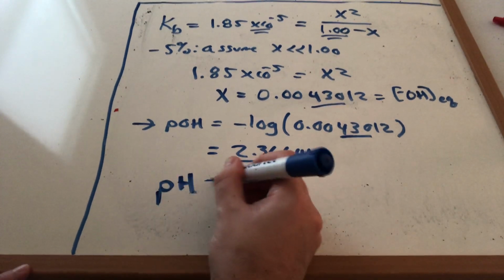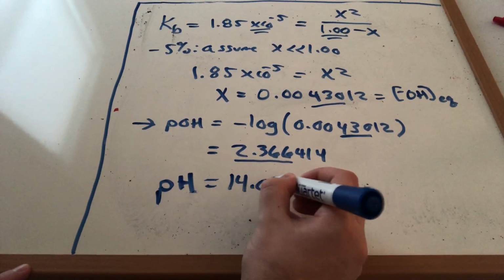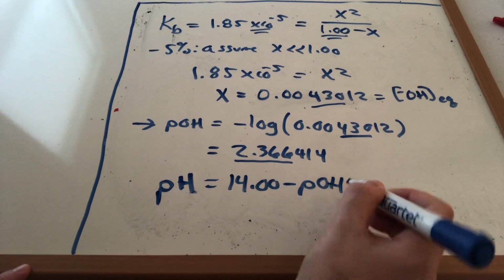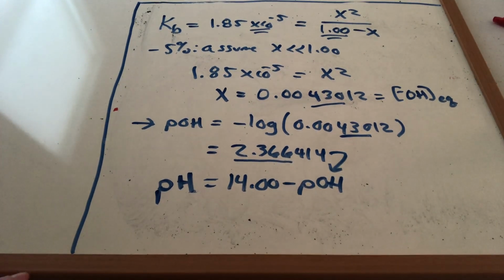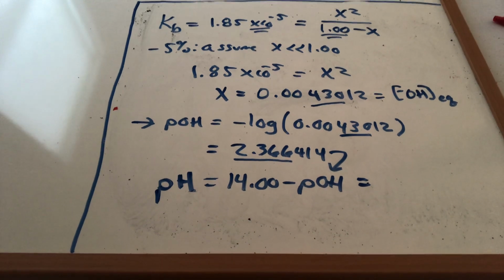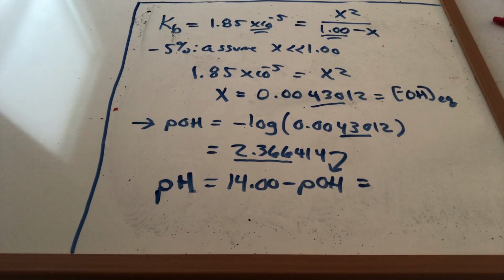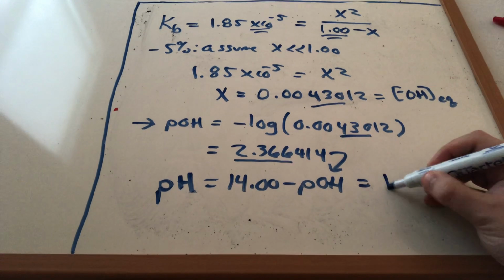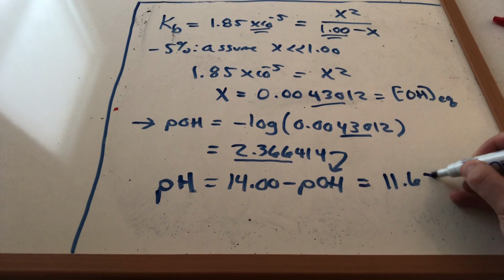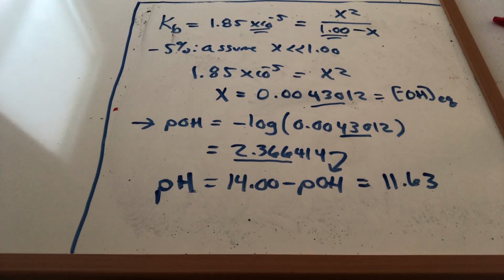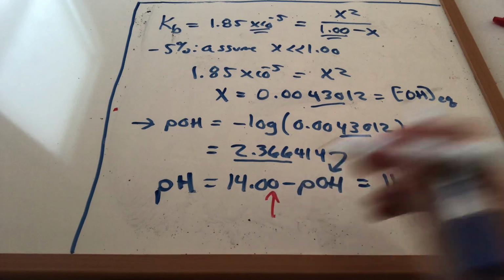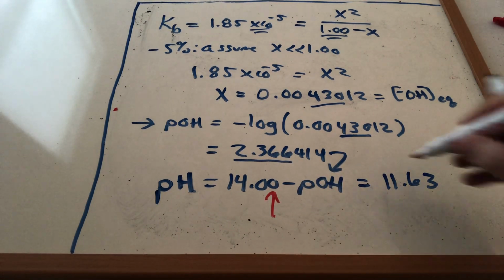pH is always 14.00 minus pOH. Well, what did I just calculate? I just calculated pOH. And so when I do that subtraction, what I'm left with is 11.63, limited to 2 decimal places because of this measured 14.00.